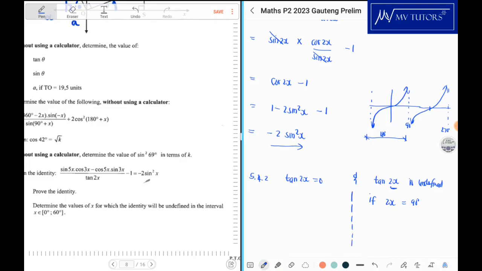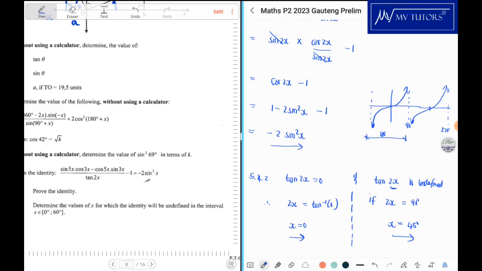All right, and now if we were to get what the answer is for x, basically x would be equal to 0 on one end, and if 2x is equal to 90, therefore x would be 45 degrees. So those are the values of x.